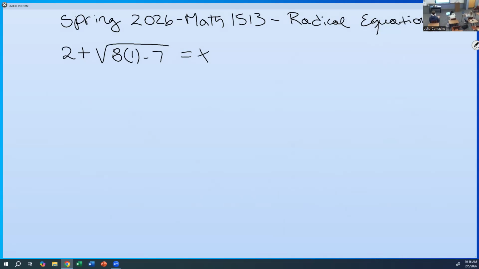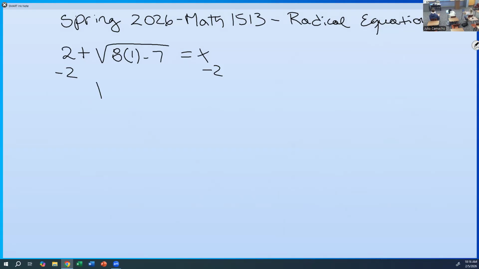The multiplication. Well, you have a 2 in front of the whole thing. See that? So before taking the square root, we need to move this 2 to the other side. To do that, you subtract 2 from both sides.